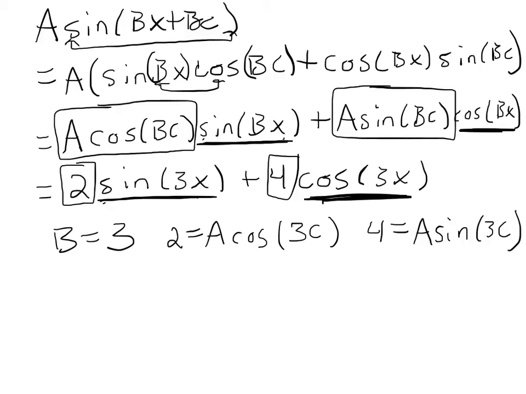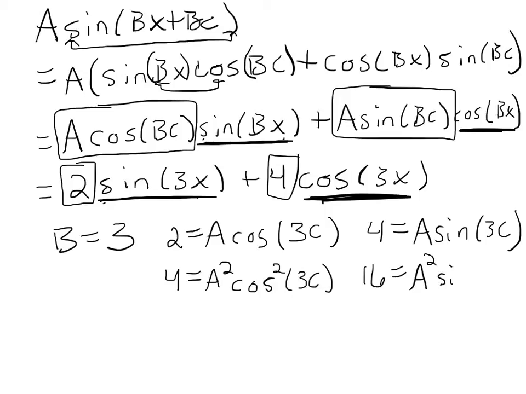So if I square both sides, I get 4 equals a squared cosine squared of 3c. And if I square both sides of the other equation, I get 16 equals a squared sine squared of 3c. So now I'm going to add these equations together.